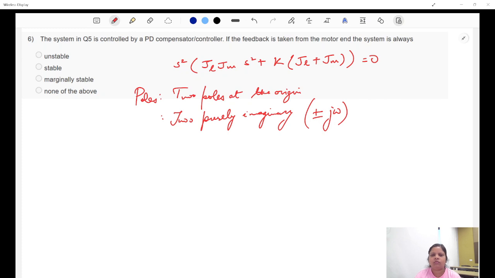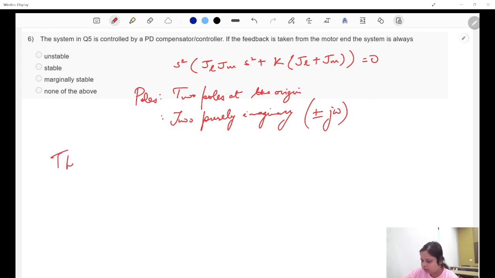Sorry, the system is marginally stable because two poles are there at the imaginary axis. And the other two? Okay, so you're right.